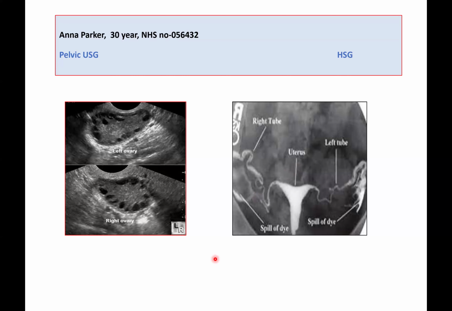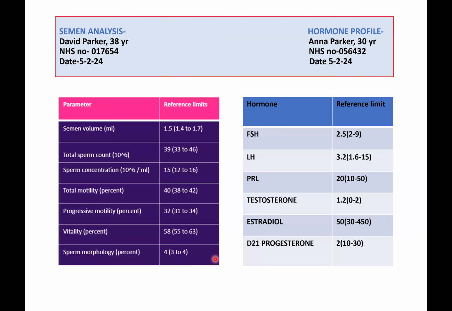Regarding the hormone findings, FSH, LH, prolactin, testosterone, and estradiol all seem to be normal, but progesterone is low. This shows that ovulation is not happening, as it is day 21 progesterone. The semen parameters are all normal.